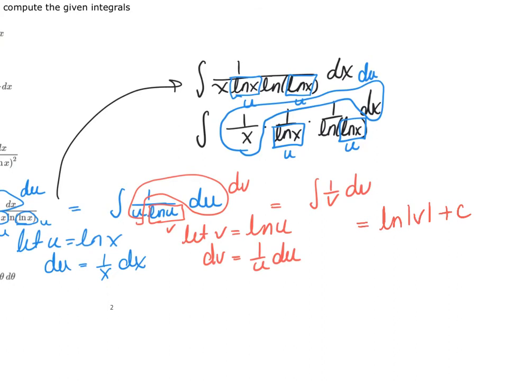So I'm going to go back, and wherever I see v, I'm going to replace it with the natural log of u. So this is equal to the natural log of the absolute value of the natural log of u plus C. But wait for it, we are not doing u, we are doing x. So this is equal to the natural log of the absolute value of the natural log of the absolute value of the natural log of x.